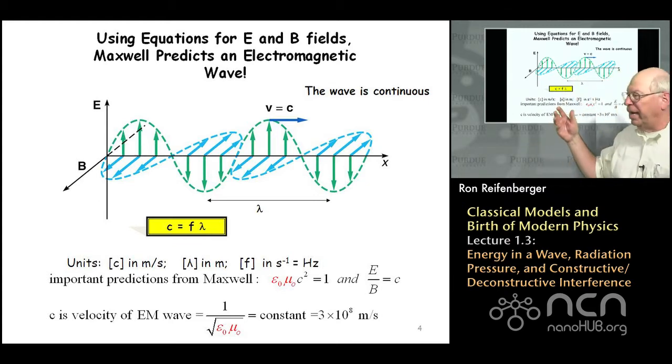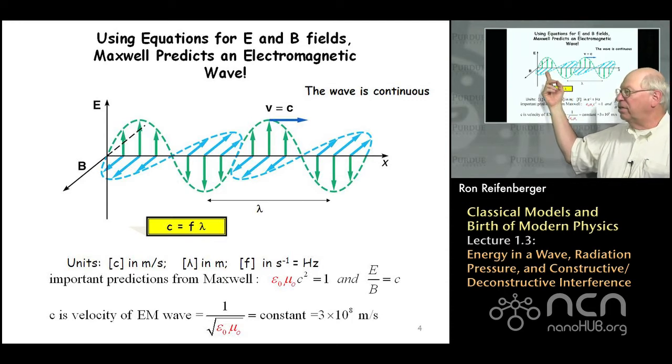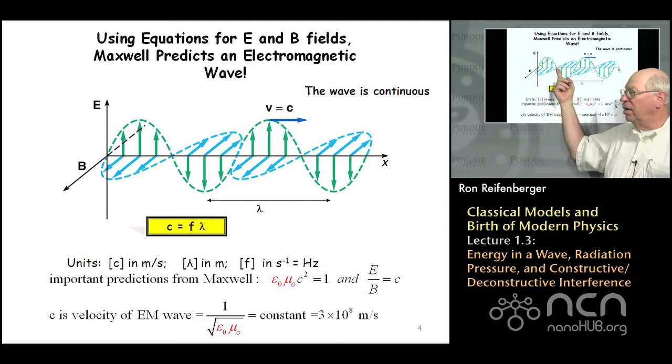That electromagnetic wave can be sketched out, and it has the form that we show in this picture. It's an oscillation of an electric field, and at right angles an oscillation of the magnetic field. The electric field and magnetic field are in phase, so whenever the electric field has a maximum value, the magnetic field also has a maximum value.